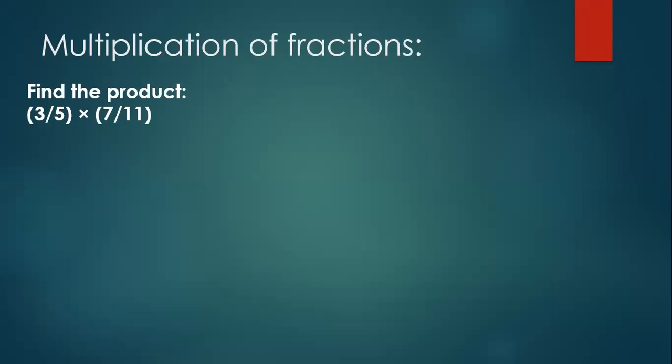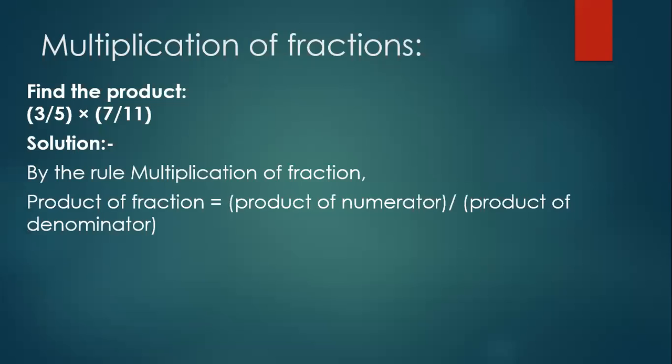It's none of my business while calculating multiplications. Had it been an addition or subtraction question, I would have thought of converting them into like fractions. But since it is multiplication, we will not think about it. We'll simply write by the rule: product of fractions is product of numerators by product of denominators.